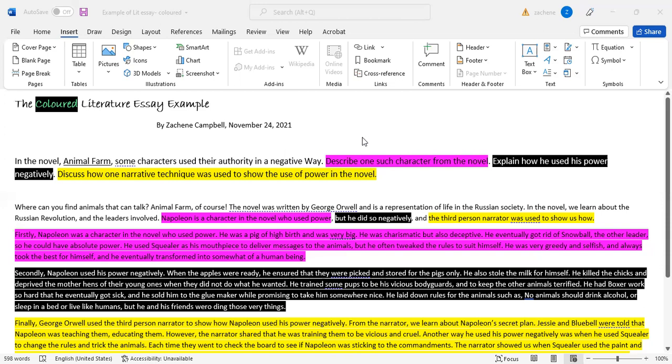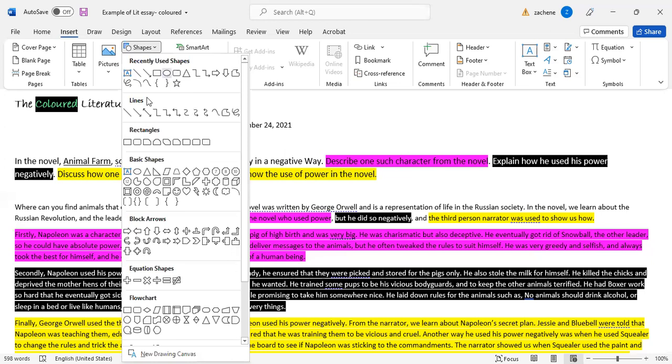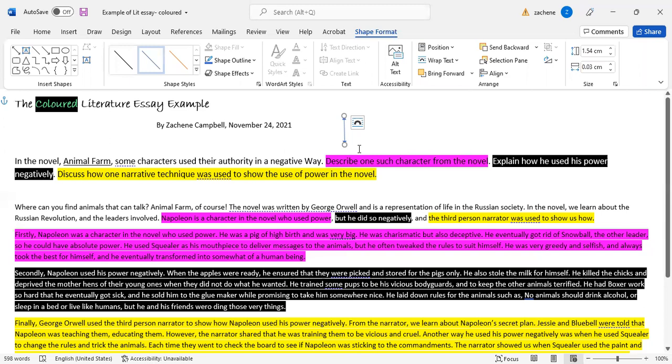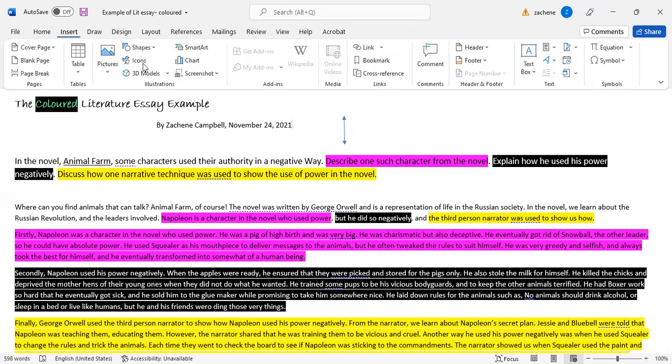As you are seeing here, I would have used my colors, and you're going to see that they're consistent because what I want you to see is the connection between the question and how we are answering, right? So right here, let me do it this way. Right here, we have the first part of the question, okay? Right here, of course, the second part of the question.